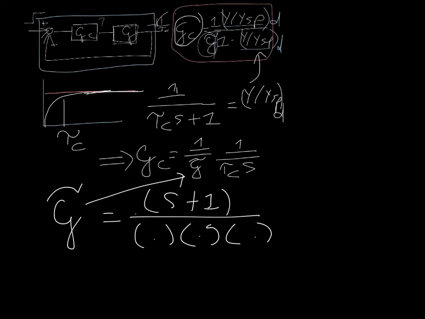In that case, we will not in fact obtain the exact output that we desire, because we can't actually build this GC. It's not physically realizable. Another issue is, what if our process actually contains some dead time? That means by the time we invert, we will require looking into the future, because we'll have this positive dead time.